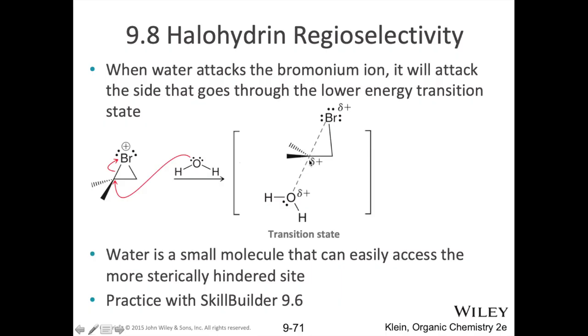And therefore, that side is going to be more attractive to your nucleophile coming in. Or rather, not so much that it's more attractive, but the energy of this transition state is going to be a little bit lower, and therefore it has a lower activation energy.